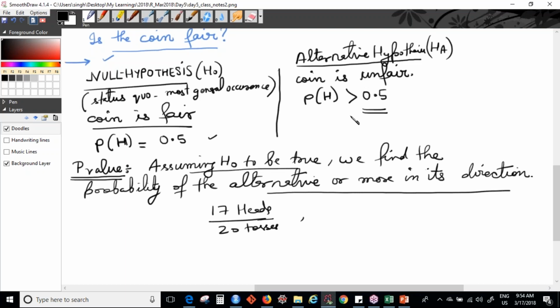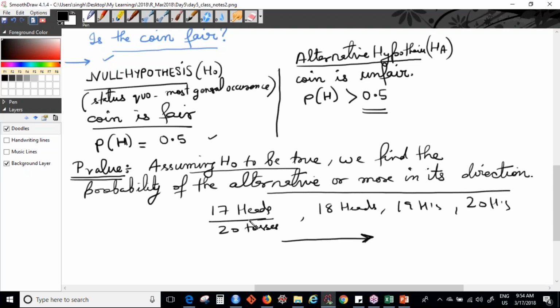Getting more heads. So that means you will get 18 heads, or 19 heads, or 20 heads. You cannot get more than 20 heads because you are tossing it only 20 times. So this is the direction of alternative.